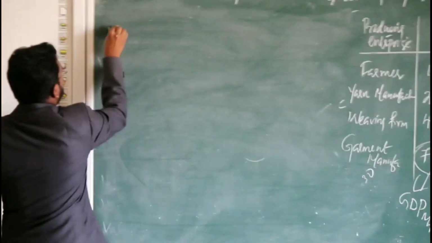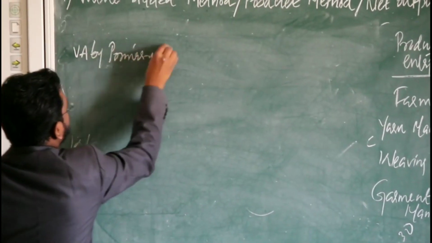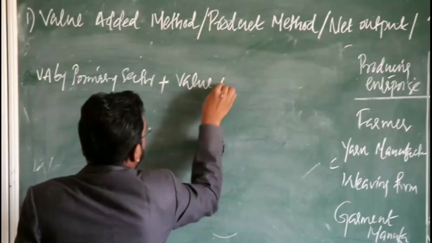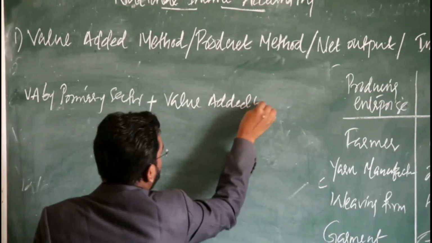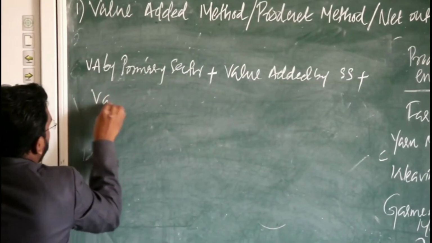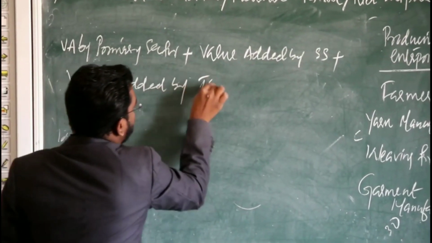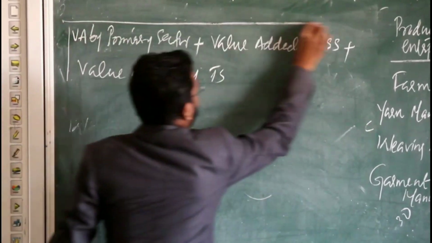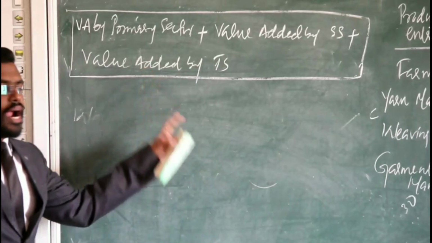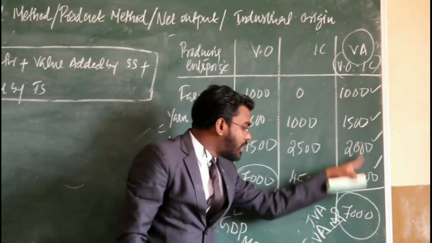So value added by primary sector plus value added by secondary sector plus value added by tertiary sector. Just add all the value added like that. Okay, then if we add the value added of each and every sector, what will we get?